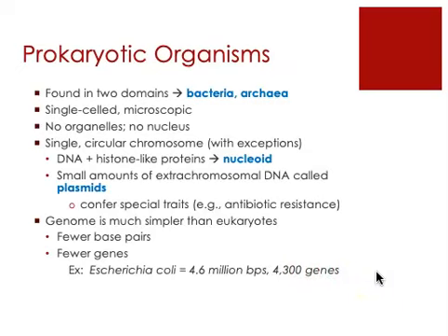Now compare that to a human. In humans, we have about 3 billion base pairs in our genome, and we have somewhere in the order of 30,000 genes. So yes, our genome as eukaryotic humans is much more complex than the genome of a much simpler prokaryotic cell.